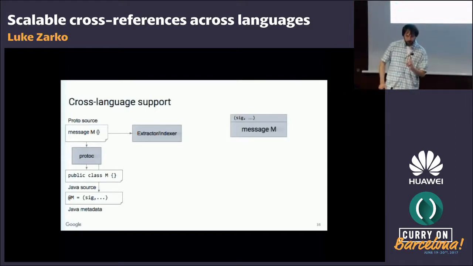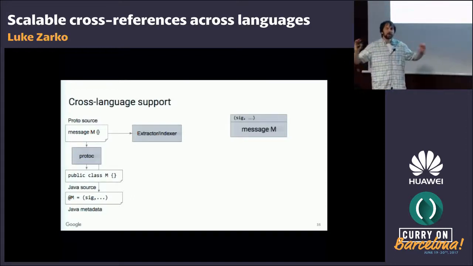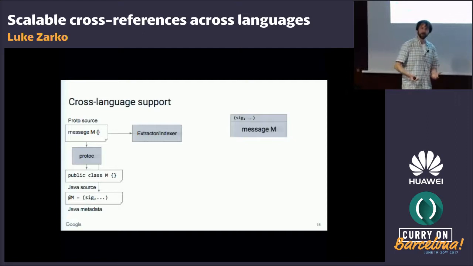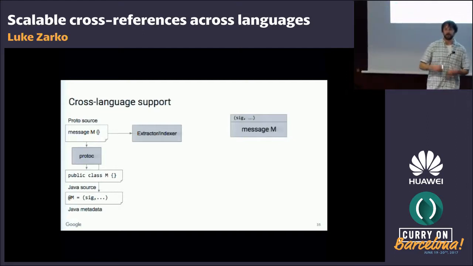The protocol buffer compiler and indexer are in on it with one another. This is allowed, but it's just contrary to the direction things normally work in, right? Usually the indexer is completely subservient to the compiler. But here, the indexer dictates to the protocol buffer compiler, here is how names are generated.